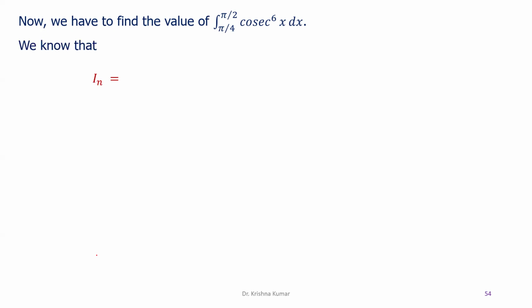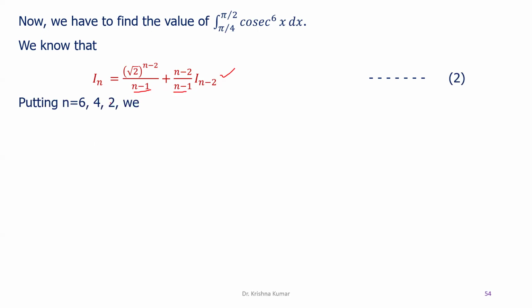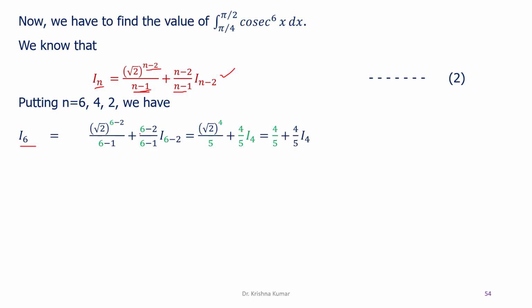So we know that I_n is equal to (root 2)^(n-2) upon n minus 1 plus (n minus 2) upon (n minus 1) into I_(n-2). Let us substitute n is equal to 6, then 4, then 2. Let us first put n equal to 6. So this is I6 equal to (root 2)^(6-2) upon 6 minus 1 plus (6 minus 2) upon (6 minus 1) into I_(6-2).